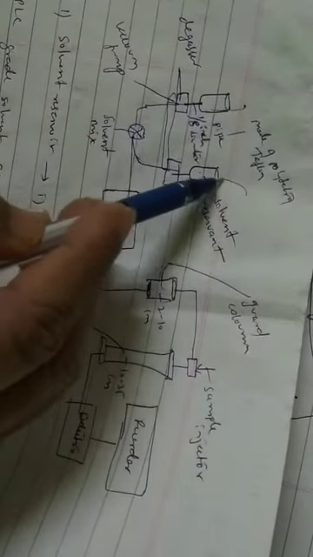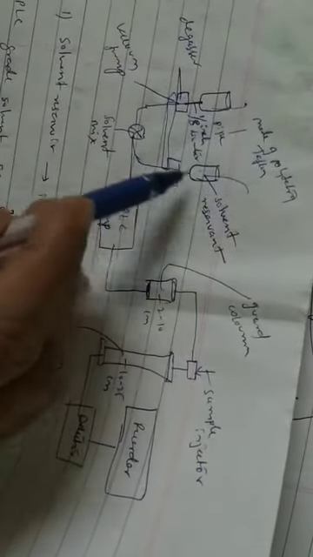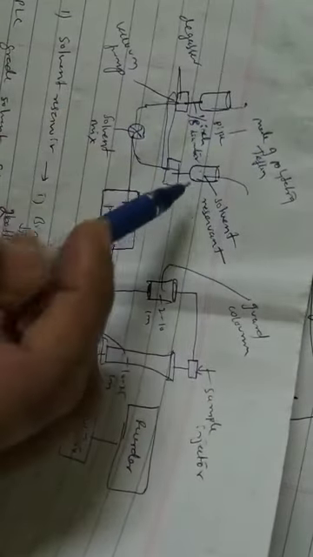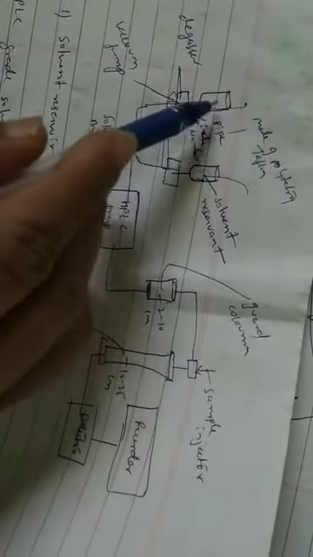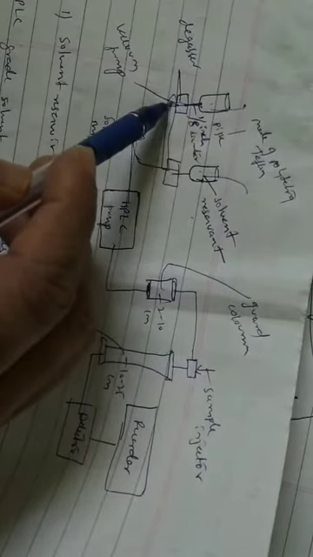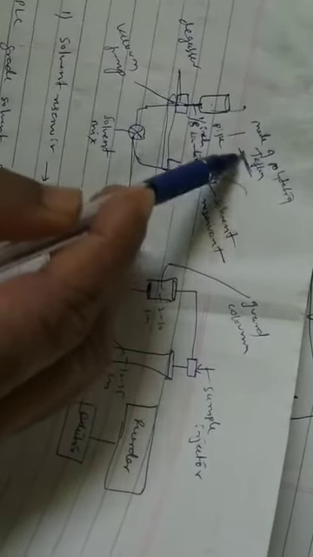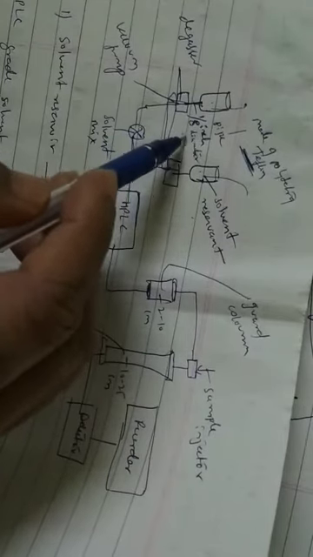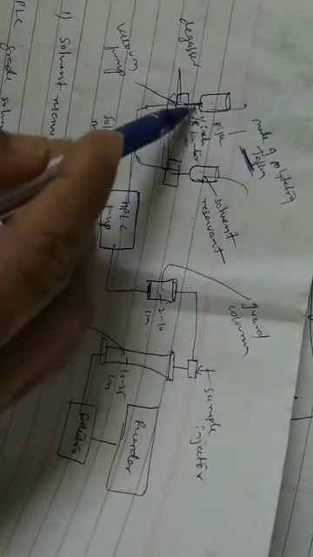We can also take 4 bottles, that is quaternary. So it can be binary or quaternary. Here you can see a pipe, and this whole pipe is made up of Teflon, tetrafluoroethylene, with a 1/8 inch diameter, a very thin diameter.